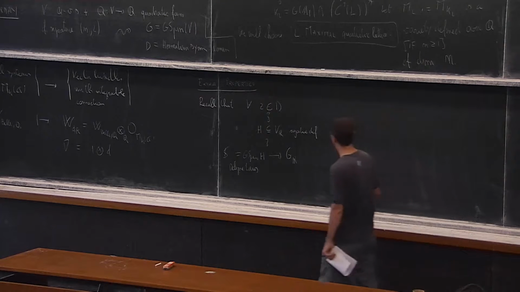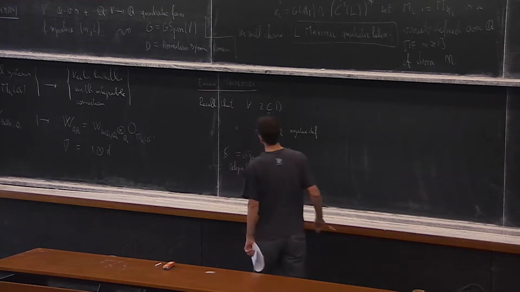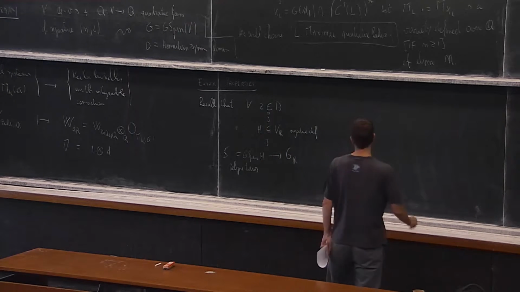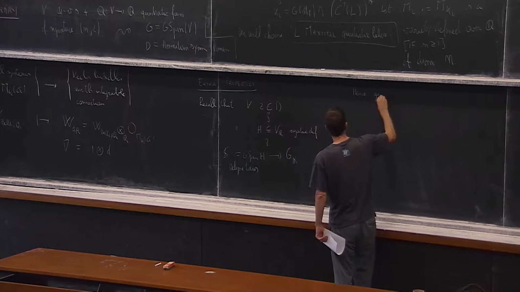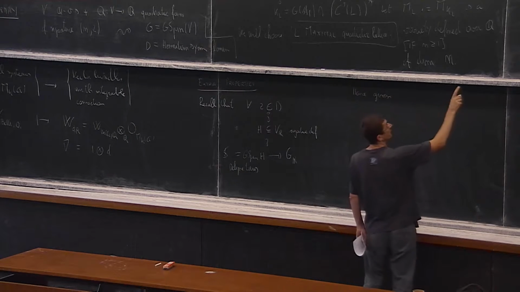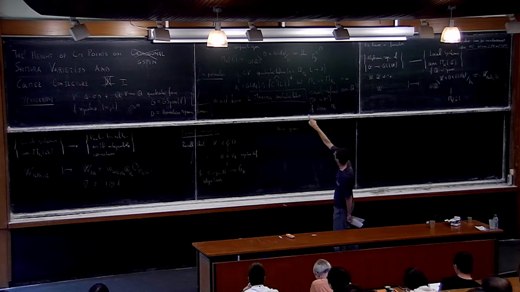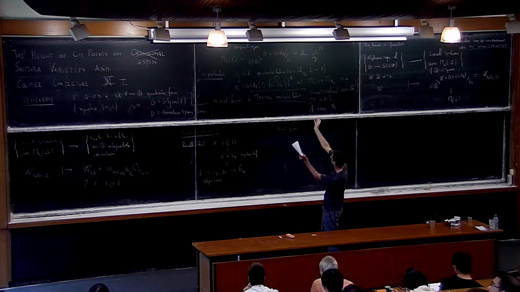So in particular, given an element, MK, we said, is a double quotient of that thing.